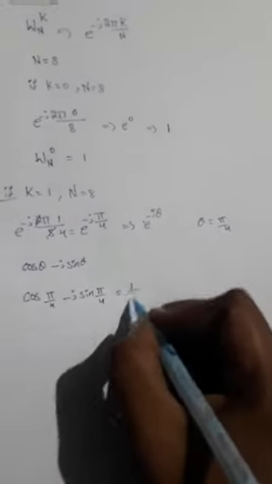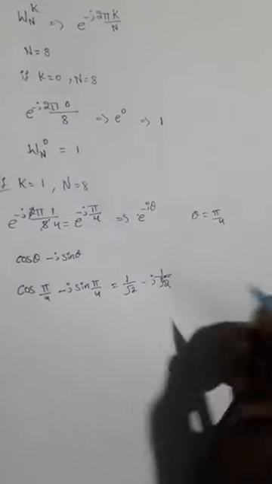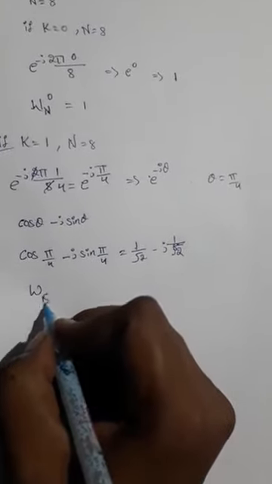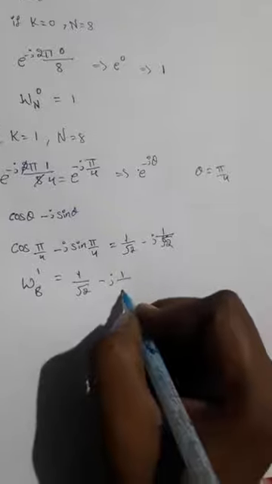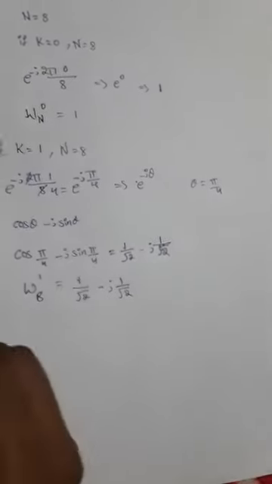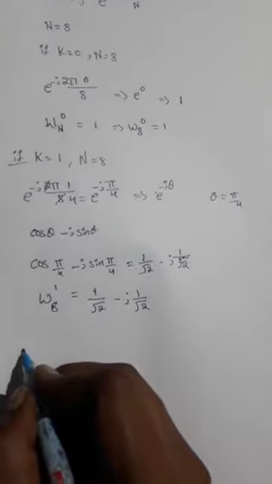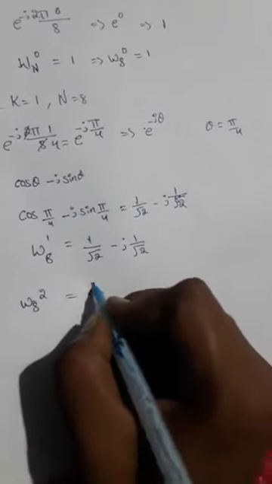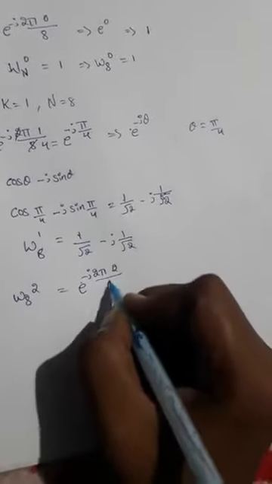Finally, the value is 1 by root 2 minus j 1 by root 2. So W 8 to the power of 1 equals 1 by root 2 minus j 1 by root 2, and W 8 to the power of 0 equals 1. Similarly, W 8 to the power of 2 equals e to the power of minus j 2 pi 2 by 8.